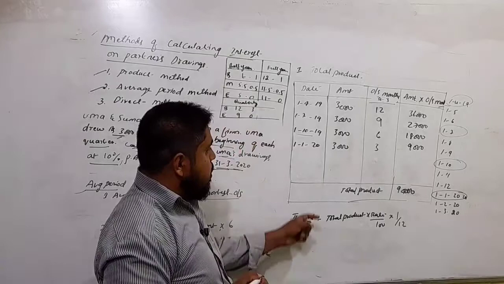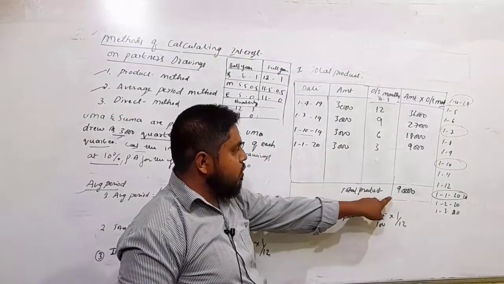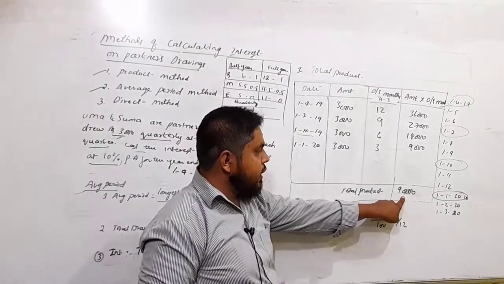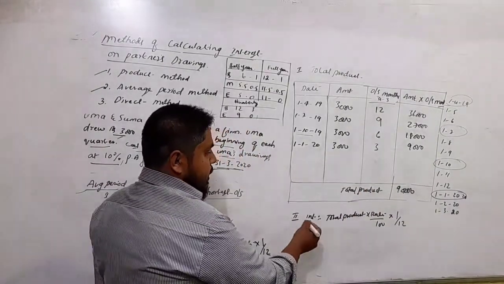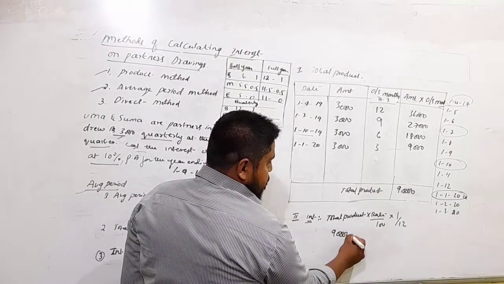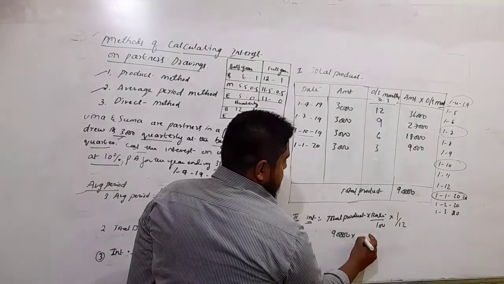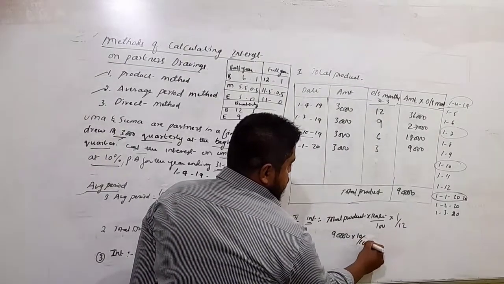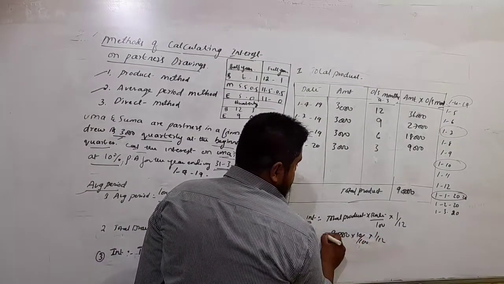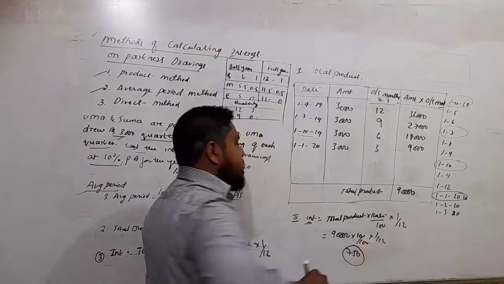Now, the first step, we have to find out the total product. Now total product is 90,000. Now interest is equal to total product, 90,000 into 10/100 into 1/12, 750. So the answer is 750.